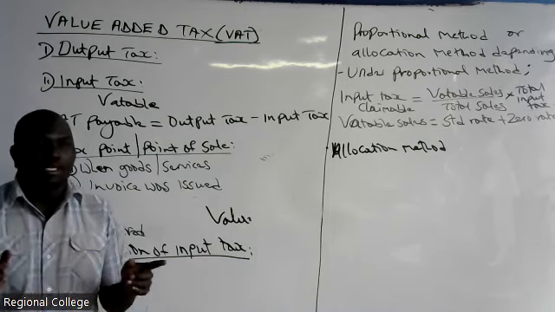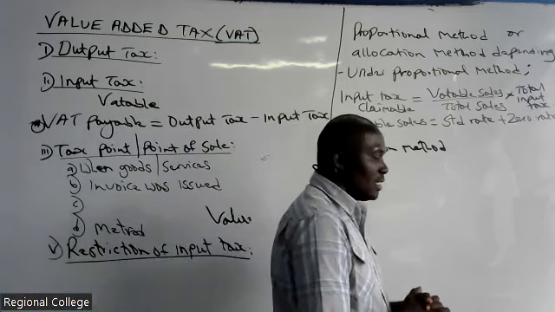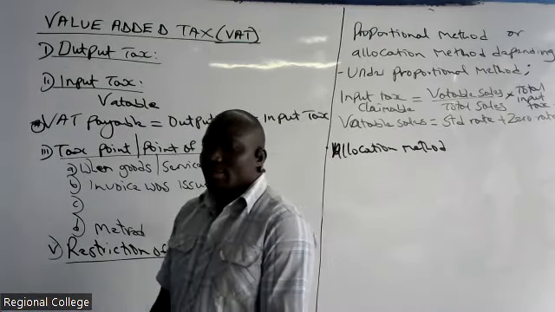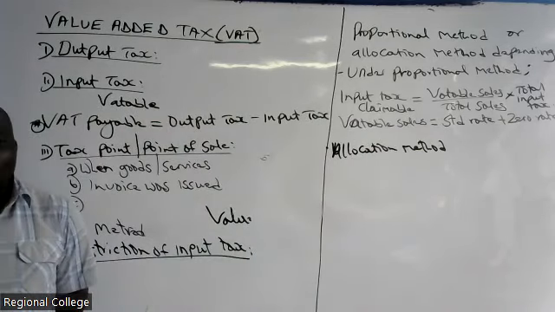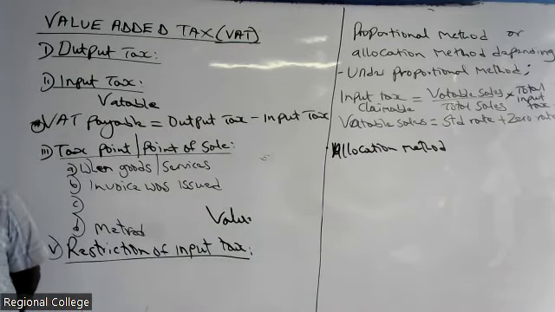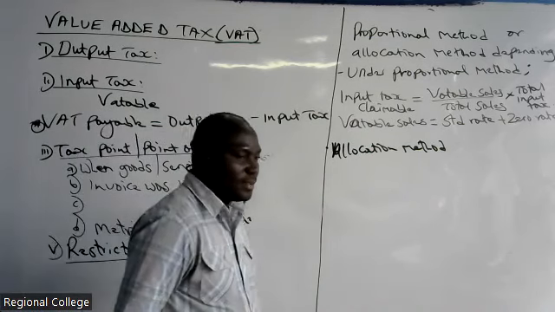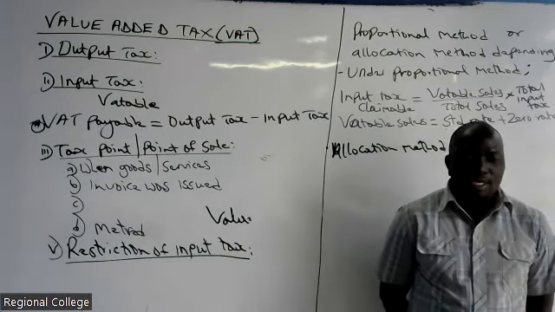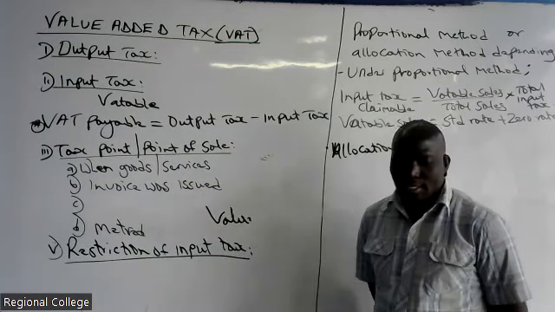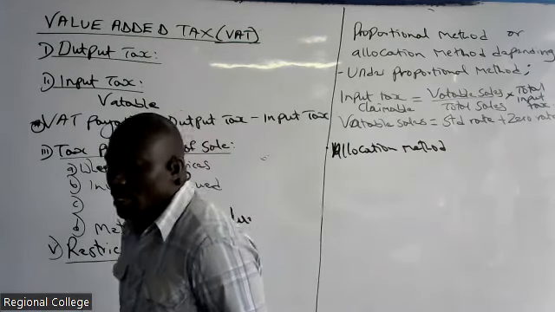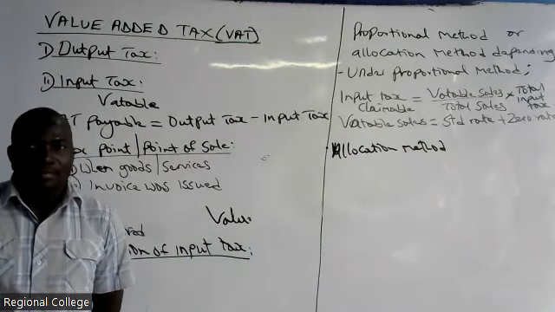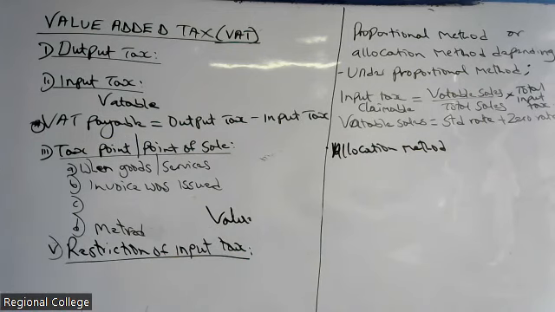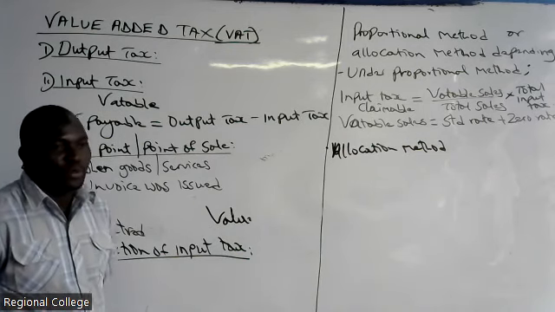So continue by saying this. Input tax relating to such items is separated, and the remaining input tax is restricted using proportional method.